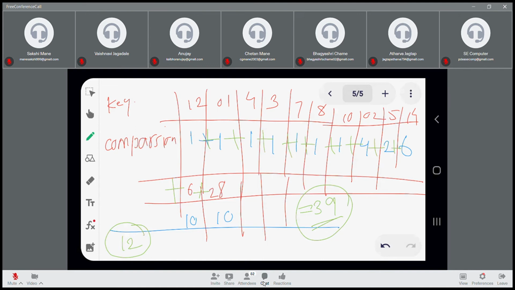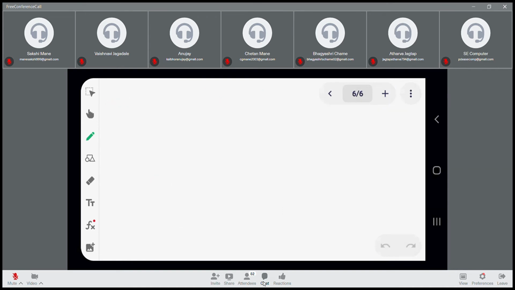So the average number of buckets examined per key can be calculated as the total number of comparisons divided by the number of keys.